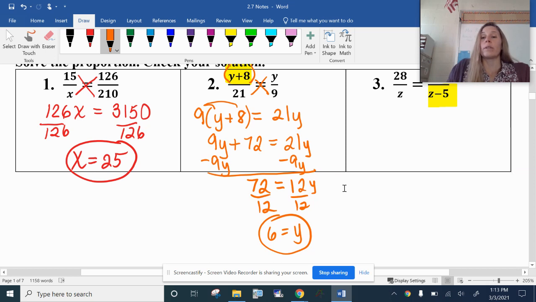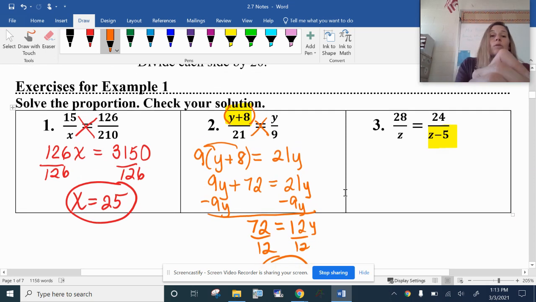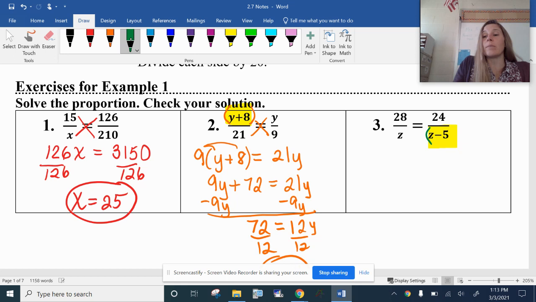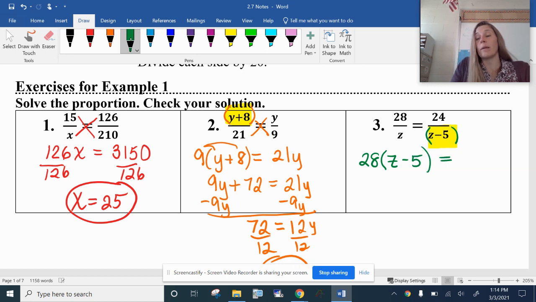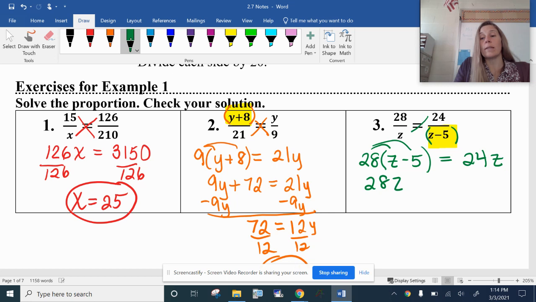All right, and then our third example is another one of these types of situations. So I'm going to put my z minus 5 in the parentheses so that when I distribute my 28, it's going to get multiplied to both the z and the minus 5. And then on the other side of my equal sign, I'm going to have the 24z. So now when I distribute, I have 28z minus 140.